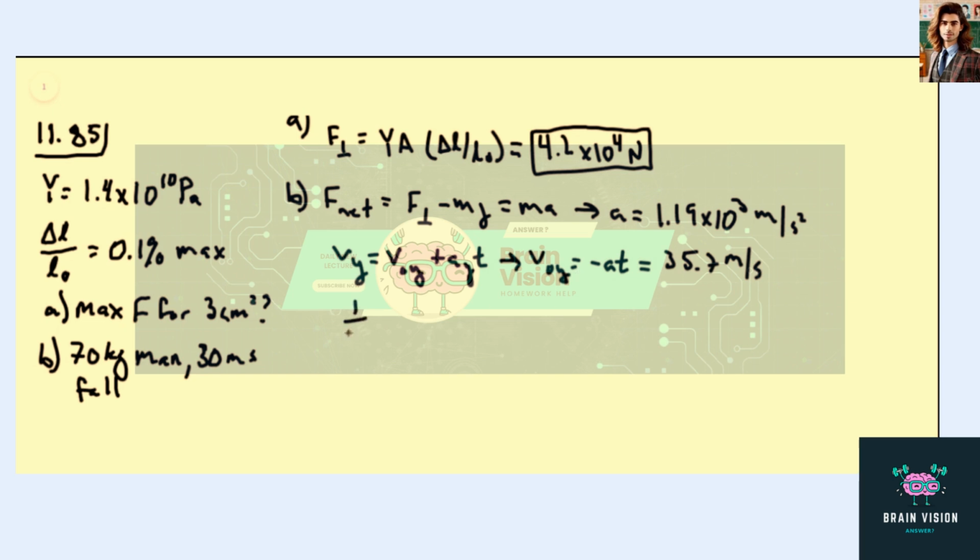And now we can use the conservation of energy. 1/2 mv squared equals mgh. So h is equal to v squared over 2g.